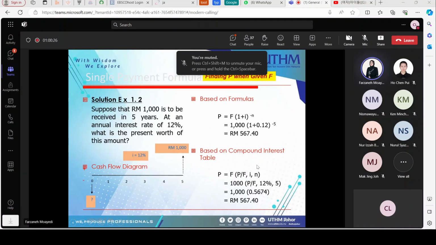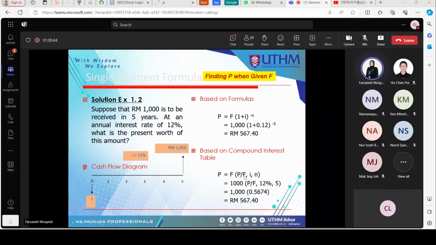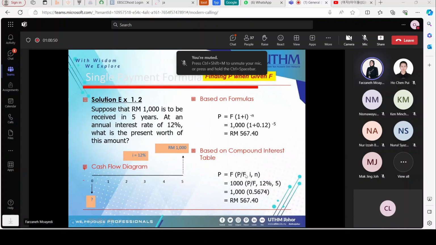So if I go back to the same question, you have the future value and you want to know how much it is worth in the present. And hopefully you already know how you have to write the notation. So we have here P/F, because P, the first one, is the one that is missing, and the second value, which is F, is the one given.